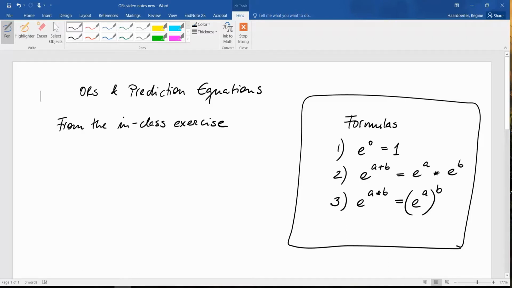So in the in-class exercise, we had a model where eta ij was gamma 0,0 plus gamma 0,1 times male ij plus gamma 0,2 times pre-primary education ij, and then the error terms.